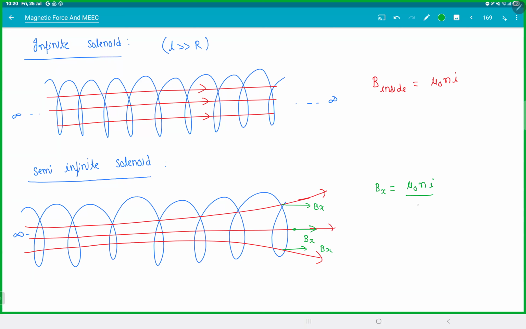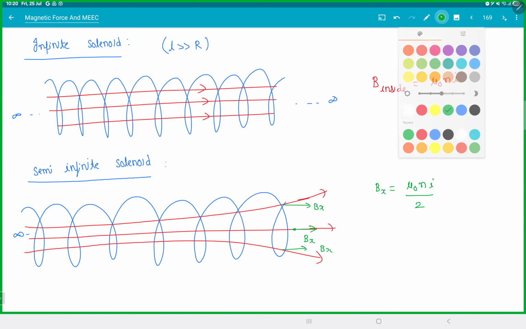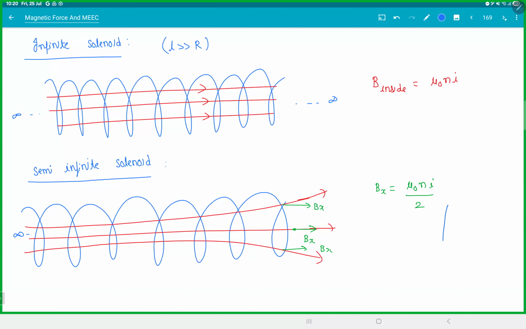Quite a useful result, right? So if you look at the open end, the magnetic field at each point is different. But if you take the horizontal components, they'll be equal. Because when I join two semi-infinite solenoids, I should get mu naught n I back. Remember that result? We're going to need that in the next class.